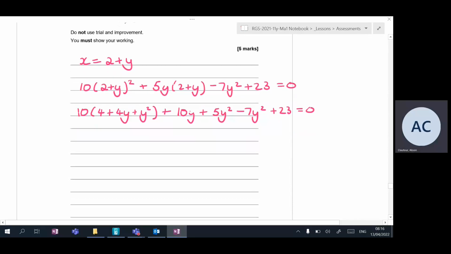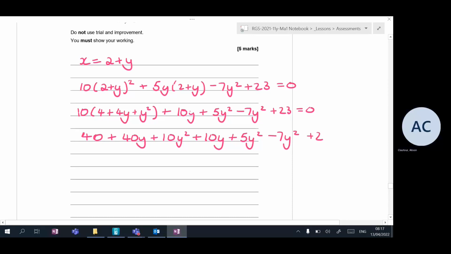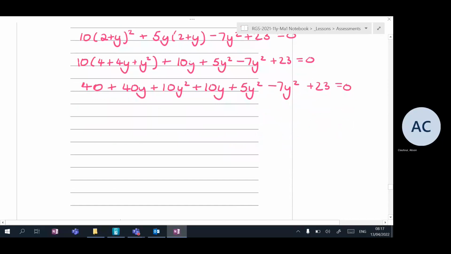Keep expanding brackets. Okay, and then collect all your like terms together.